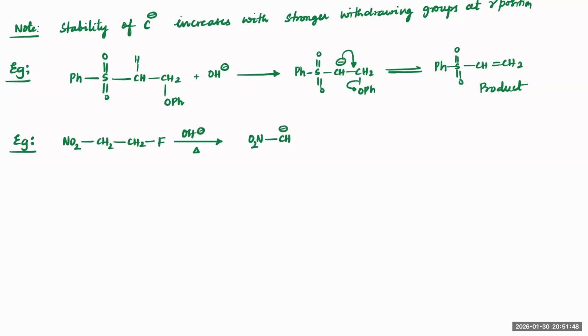So CH minus CH2F will be formed and this group will be pushed, fluorine will be released out. So what is the product? We will have NO2 with CH double bond CH2 plus F minus. That's how E1-CB is observed. Okay.